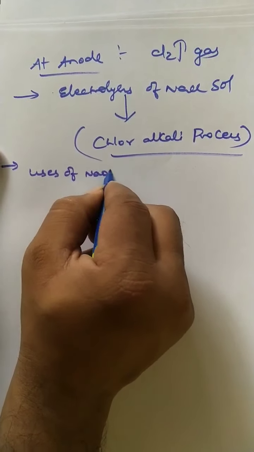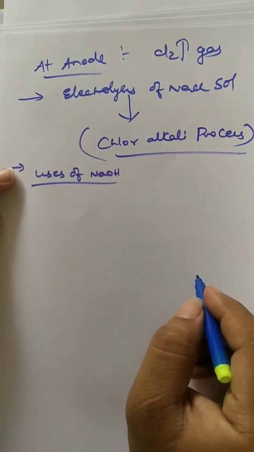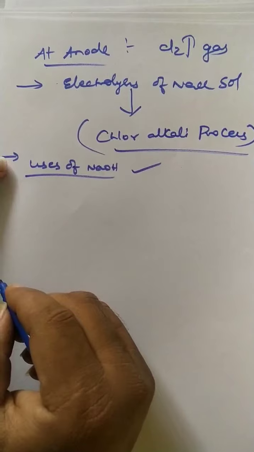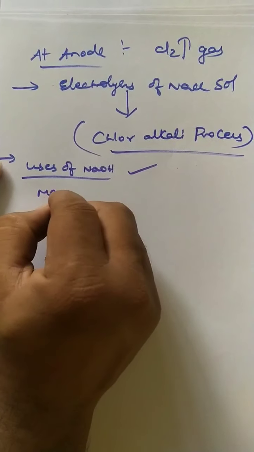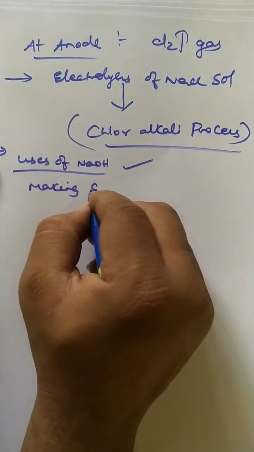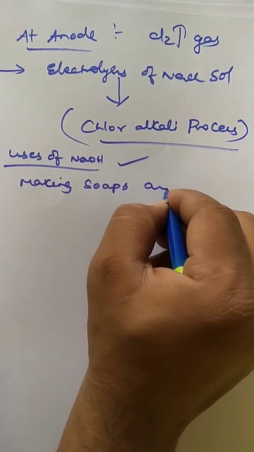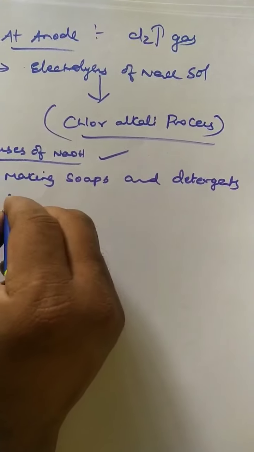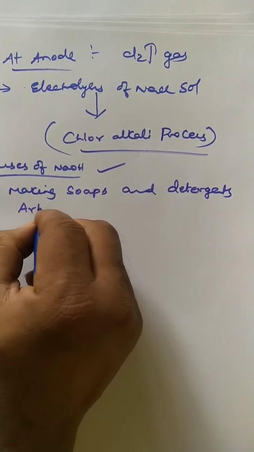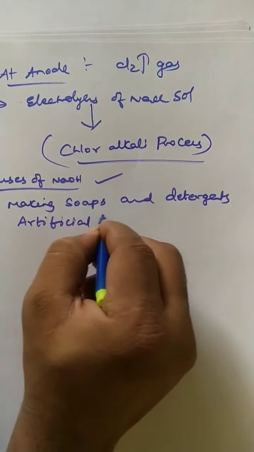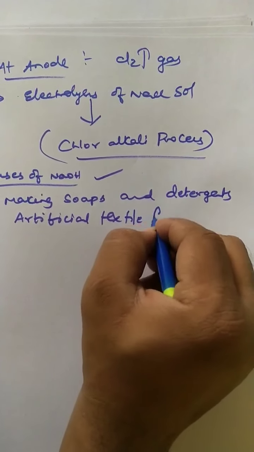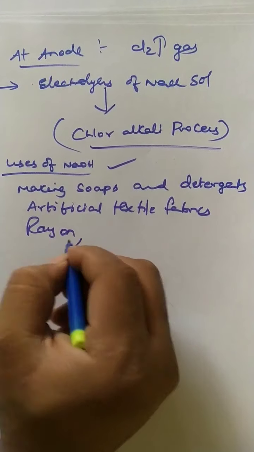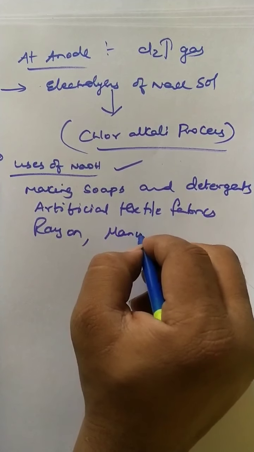What are the important uses of NaOH here? What are the main byproducts? Sodium hydroxide, chlorine gas, hydrogen gas. We have to learn the uses of NaOH: for making soaps and detergents, and for making artificial textile fabrics, rayon. You know what rayon is.